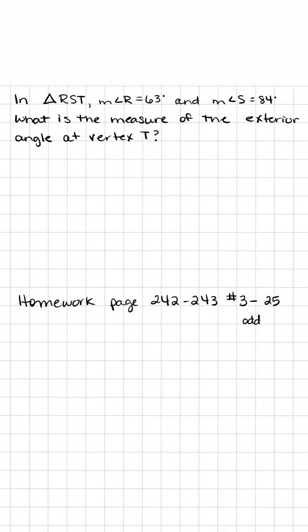Okay, so try this one on your own. In triangle RST, measure R equals 63 degrees and measure S equals 84 degrees. What is the measure of the exterior angle at vertex T? Try to draw a picture and then go ahead and solve it.